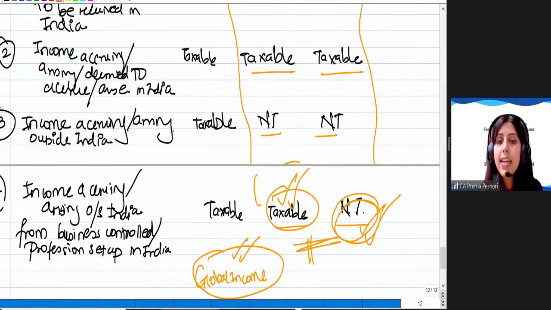Take home, as I said: if a person goes outside India for employment, then it is a 182 days limit. If a person who has always been outside comes in India, then it is 182 days if the total income is less than 15 lakh, and 120 days if the total income is more than 15 lakh.